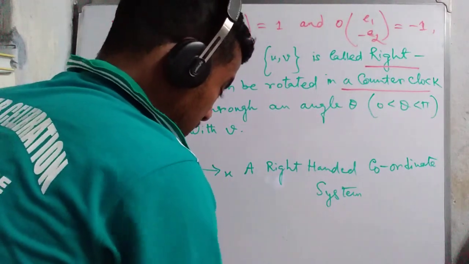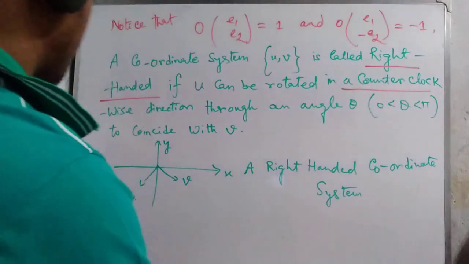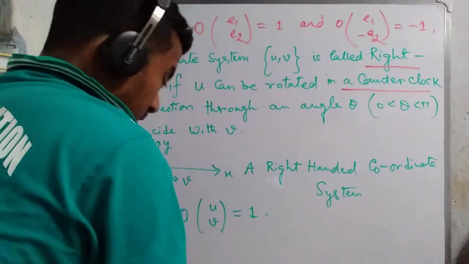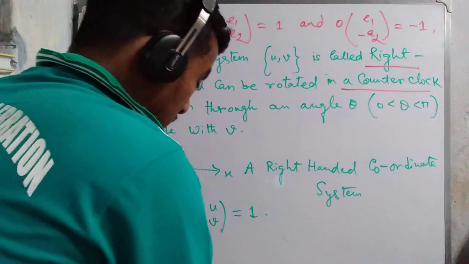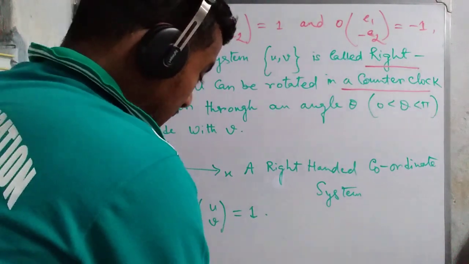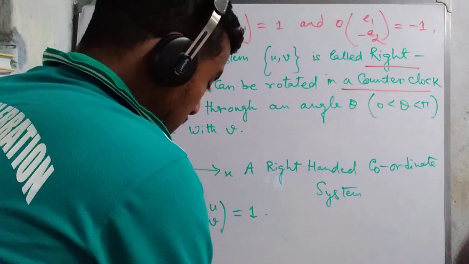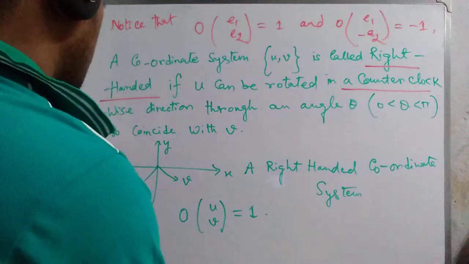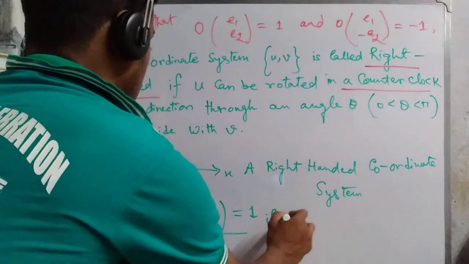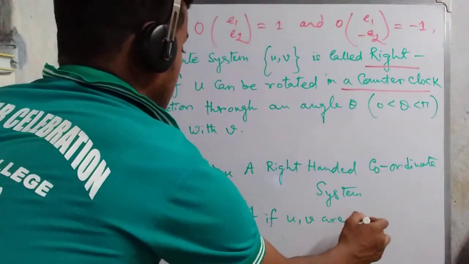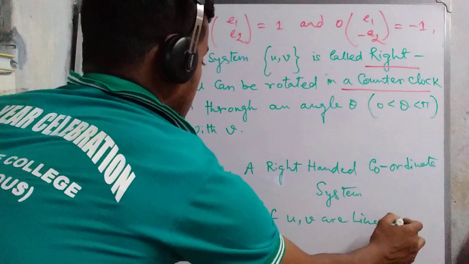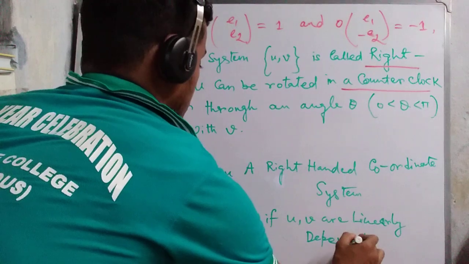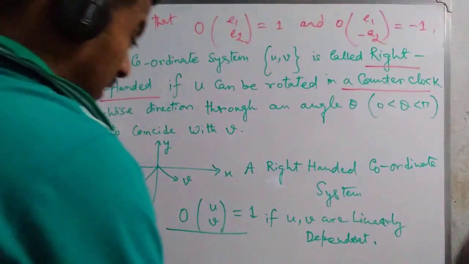Then we also discuss this one. The orientation of (u, v) equal to 1 means a right-handed system. If u and v are linearly dependent, understood? I think not a problem at all.